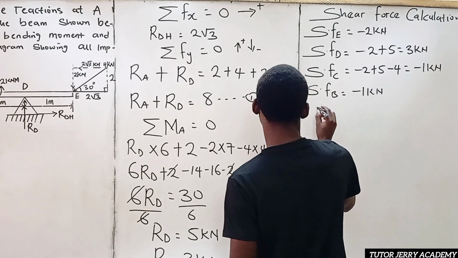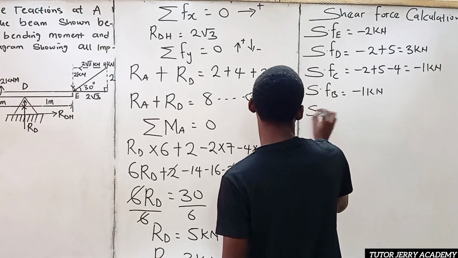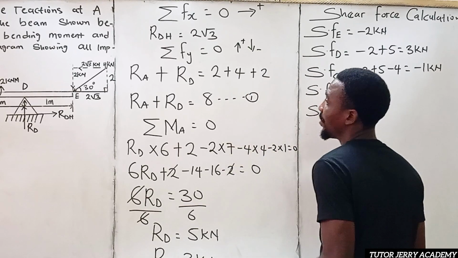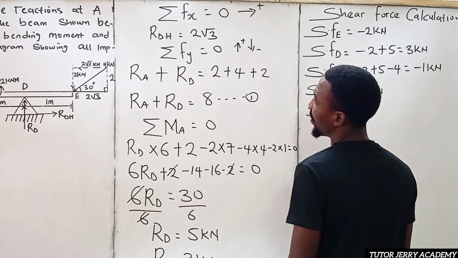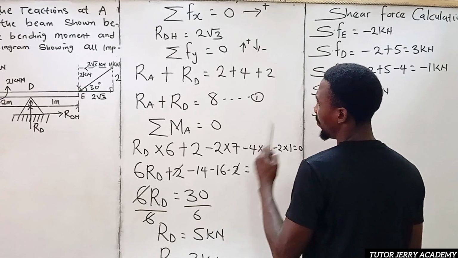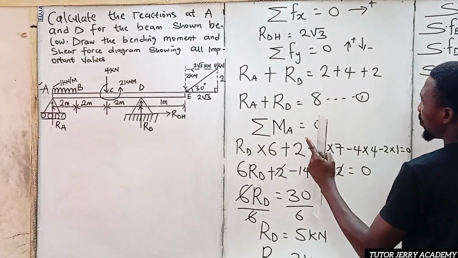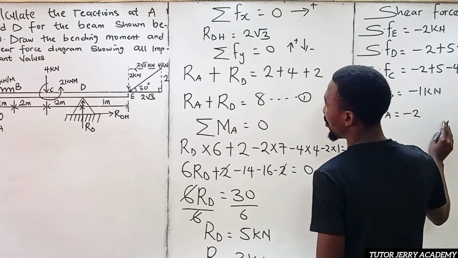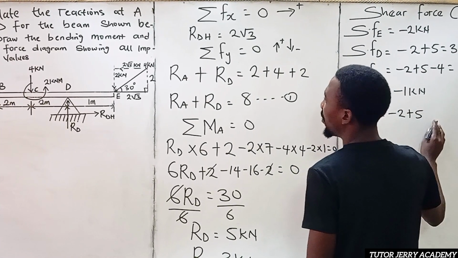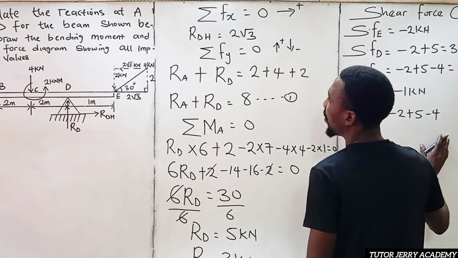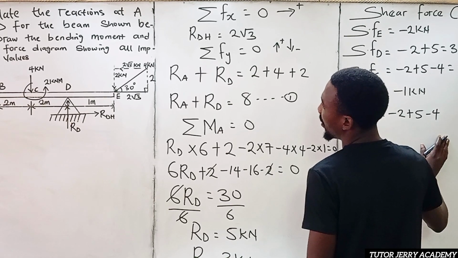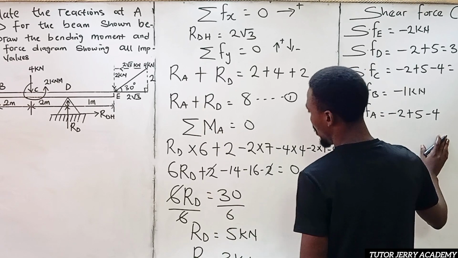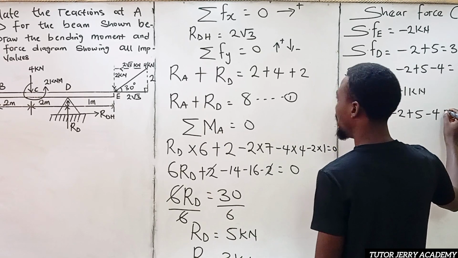Alright, so if you start at point A now, the shear force at point A will be equal to, if you stand at point A, you are going to have this giving us minus 2 plus 5, then minus 4, then our R_A there, upward, is 3, right?